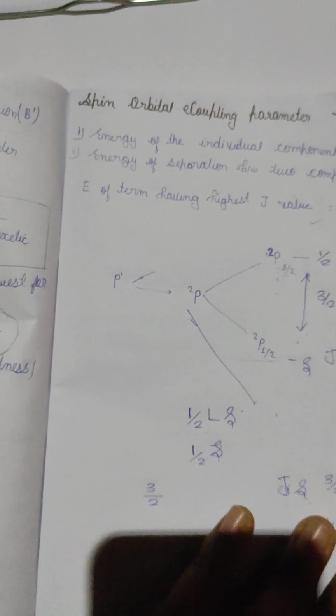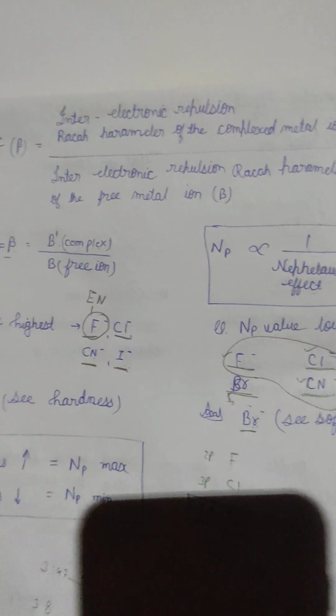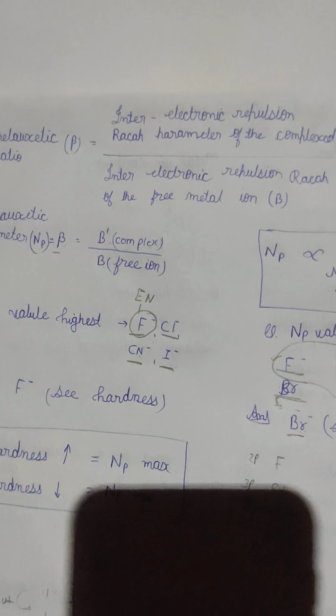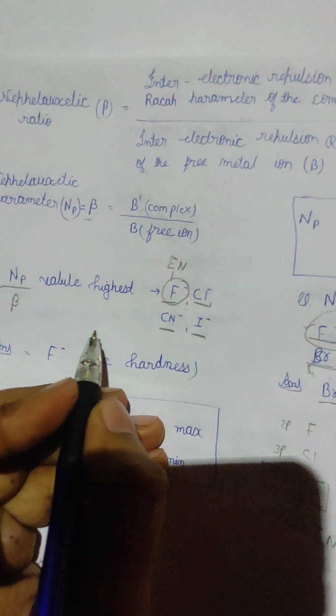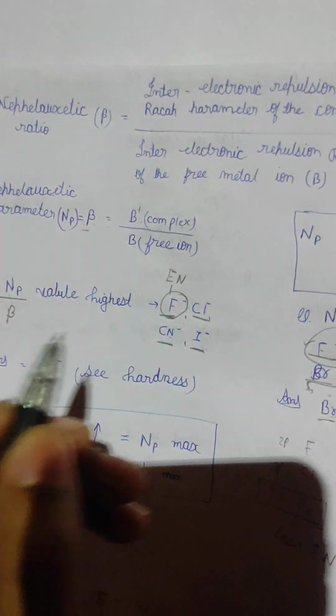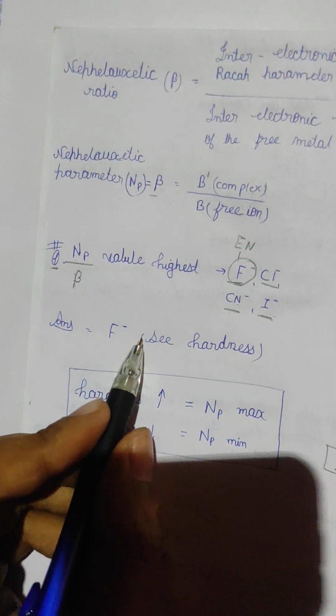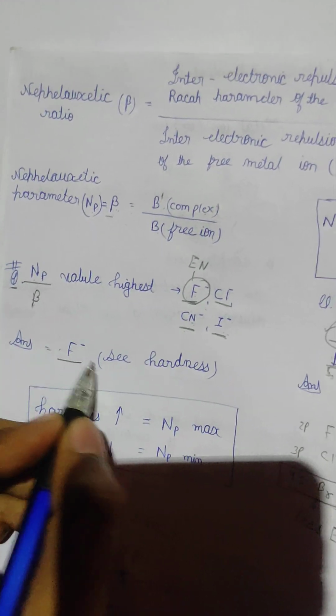So the ligand which has the highest electronegativity will have the highest NP value. We know that fluorine has the highest electronegativity, so it has the highest NP value.